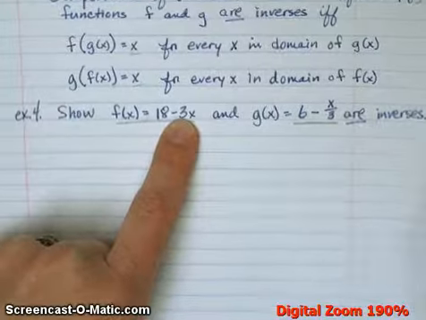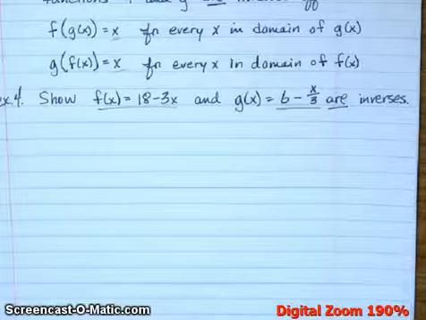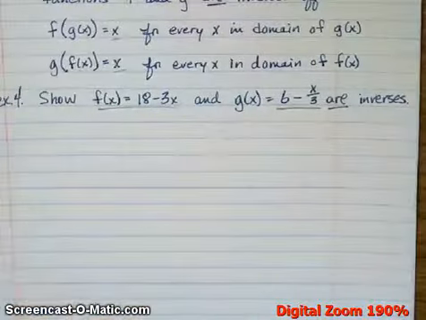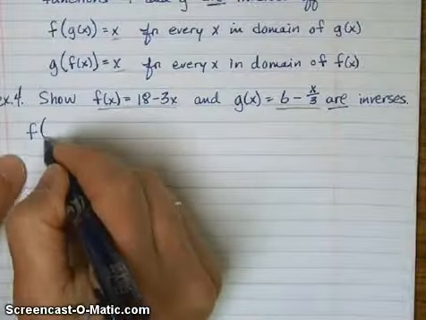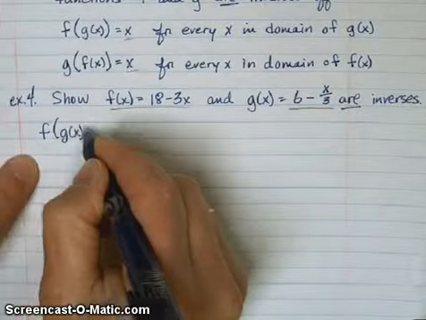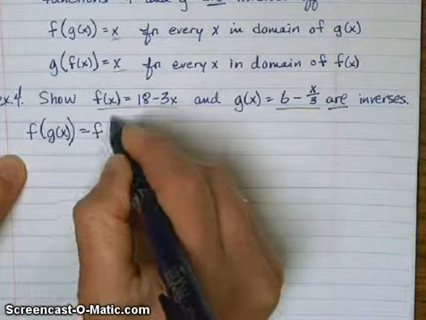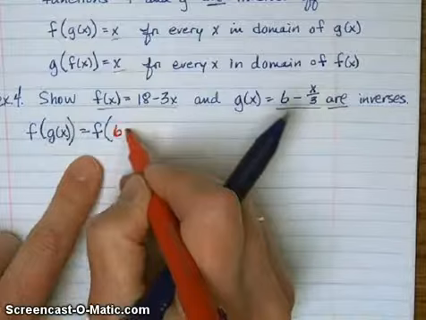So we need to show that you have the compositions of each one. We have to do f composition of g, which would be f of, and g is 6 minus x over 3.